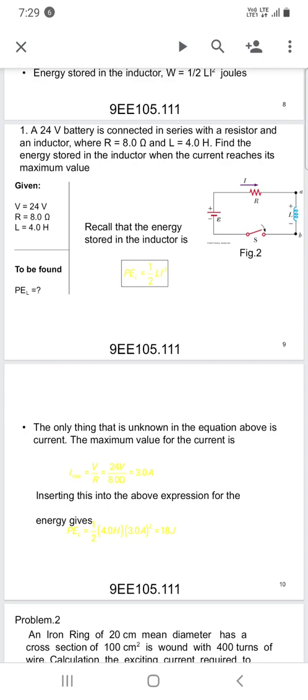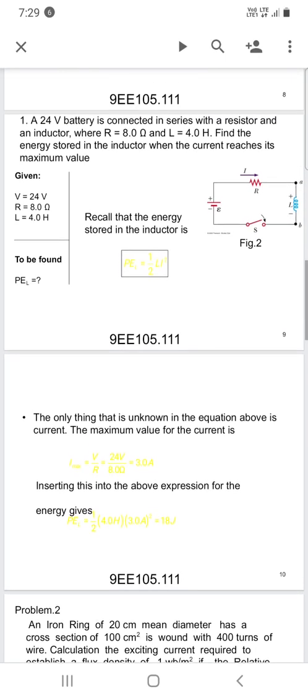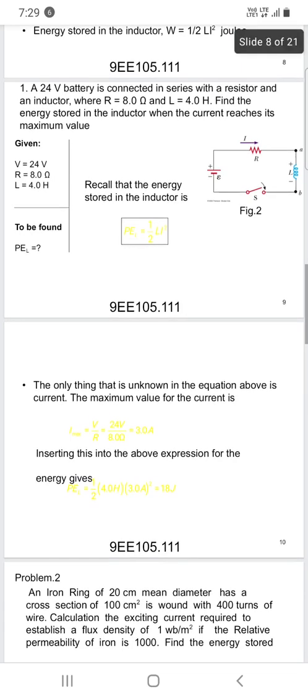So here we have to remember the energy stored in the magnetic field. What is the energy stored in the magnetic field? That is E equal to half L i square. Here the only unknown is the current in the circuit.